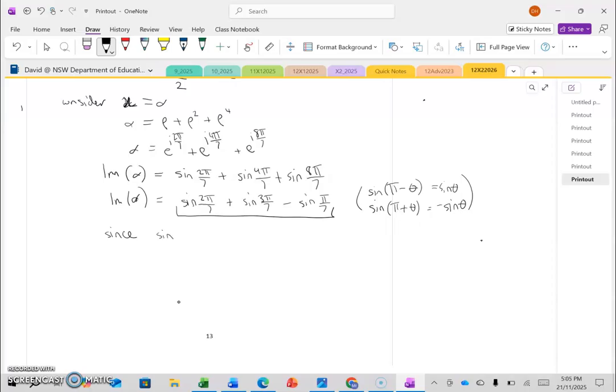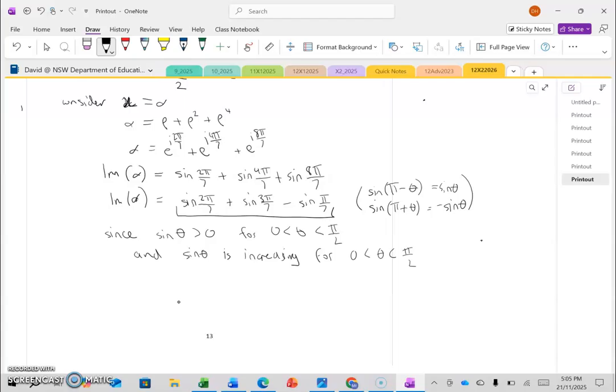So since sine theta is greater than 0 for theta between 0 and pi on 2, and sine theta is increasing for theta between 0 and pi on 2, I can say that this term here will have to be bigger than this term here.